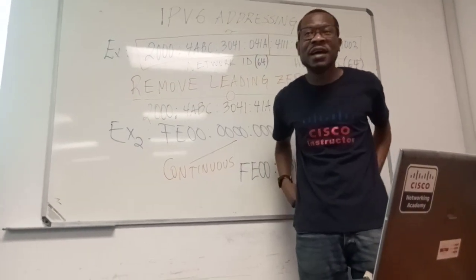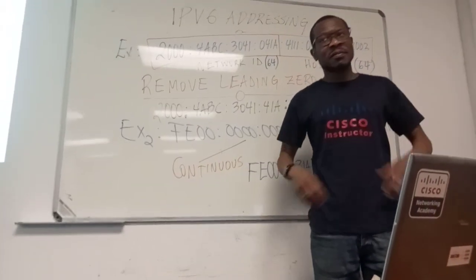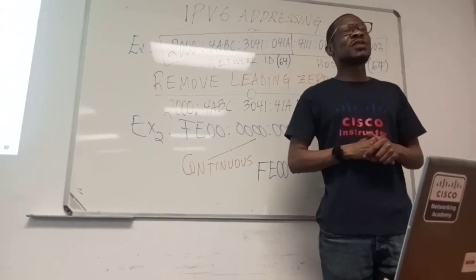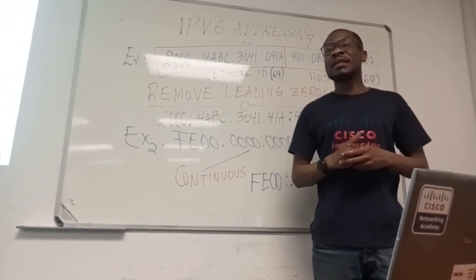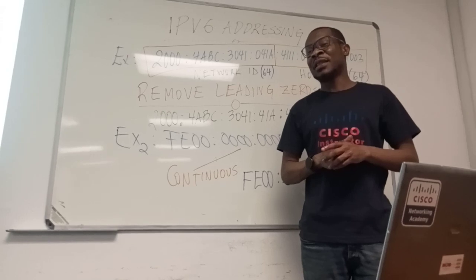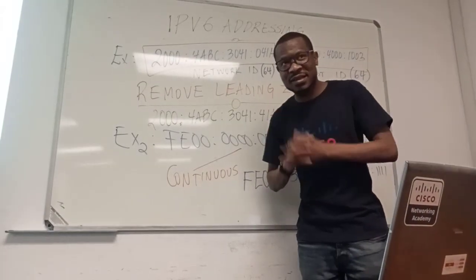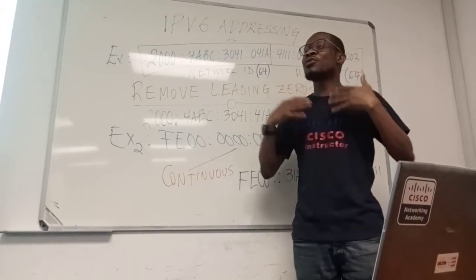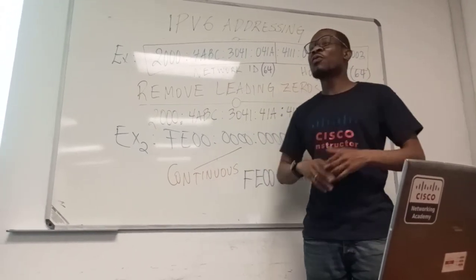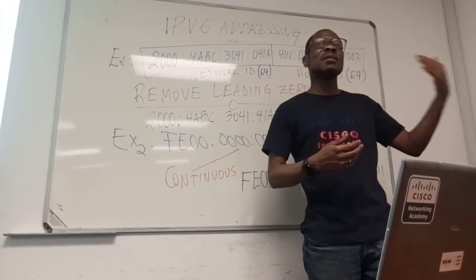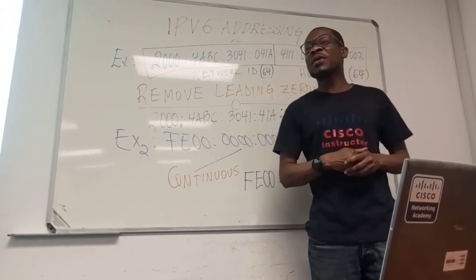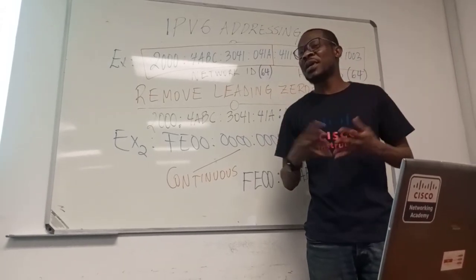So if I wanted to summarize, for those who came late: we started by discussing the difference between IPv4 and IPv6. When you go to your PC, your company, you can go for IPv4 or IPv6. But IPv4 got few IPs.